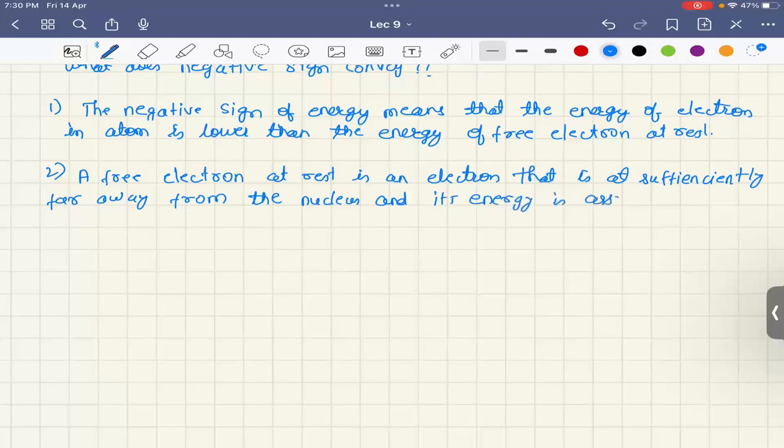Okay, so this is important. Mathematically it corresponds to setting n equal to infinity in this equation, right?